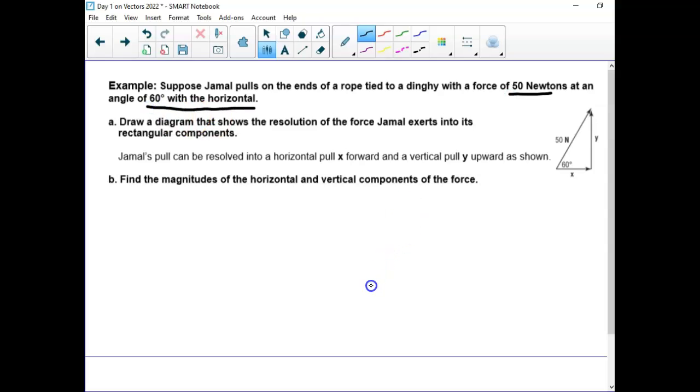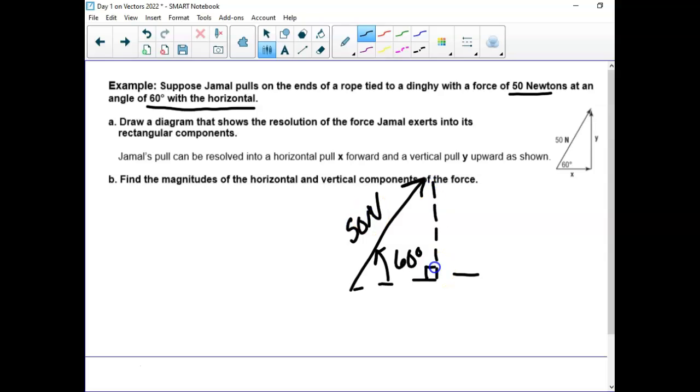So just like we were just doing, we would say off the positive x-axis, 60 degrees, and it was 50 newtons of force. Now, if we want horizontal and vertical components, this is just an x and a y, and it's a right triangle, guys, yes? So we can go back and use this stuff.